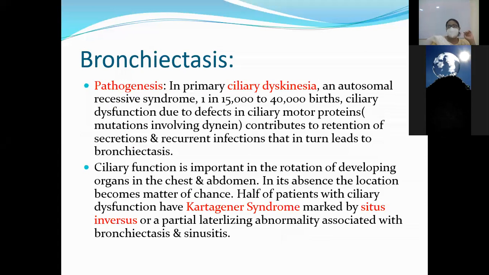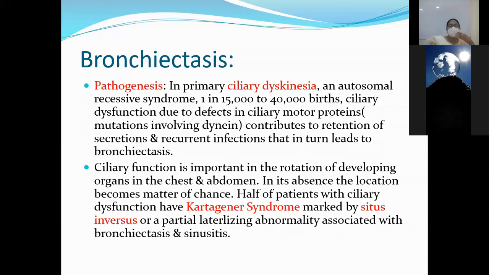The other condition is ciliary dyskinesia, an autosomal recessive syndrome, occurring in 1 in 15,000 to 40,000 births. Ciliary dysfunction is due to a defect in ciliary motor proteins, like dynein, and contributes to the retention of secretions and recurrent infection that in turn lead to bronchiectasis.